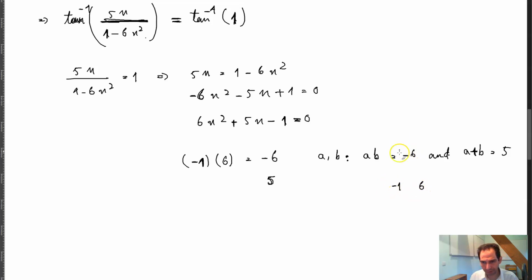The product of them would be negative 6, and 6 minus 1 is equal to 5, right? So the numbers are negative 1 and 6.